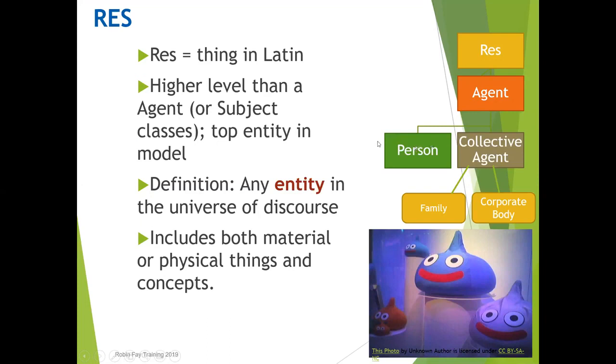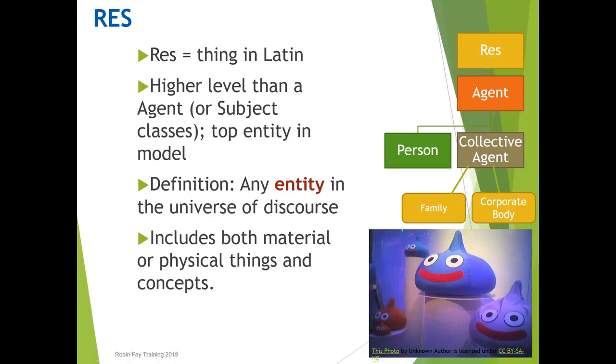So person is here by themselves. And then we have collective agent, which is where we have our group people. So our families and our corporate body. And like I said, at some point I won't be surprised to see the corporate body terminology flip to something else, because that to me seems like a really outdated term and does not fit with this. So this is just one little snippet of the hierarchy, and we're going to look at the hierarchy in just a minute.